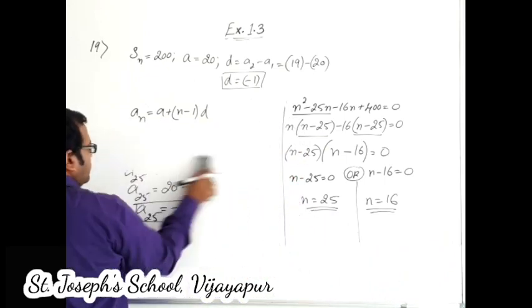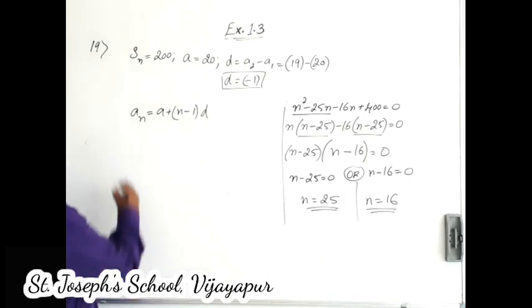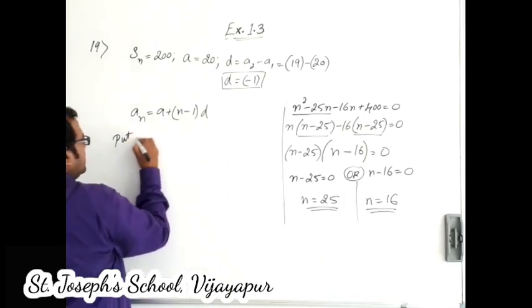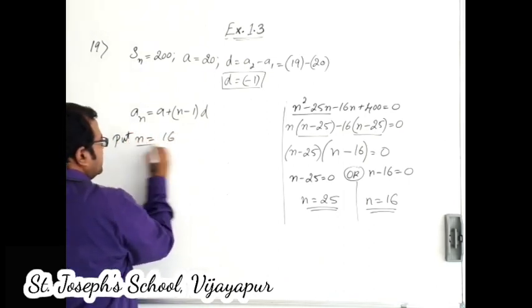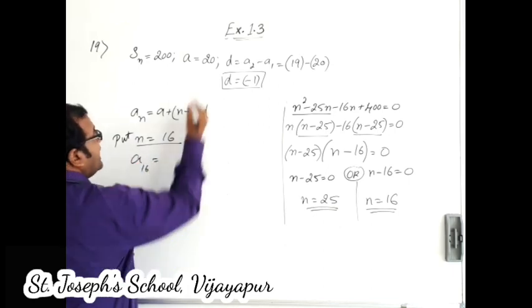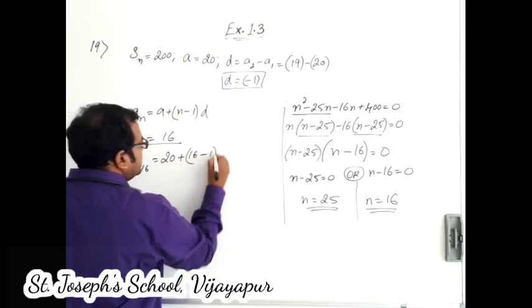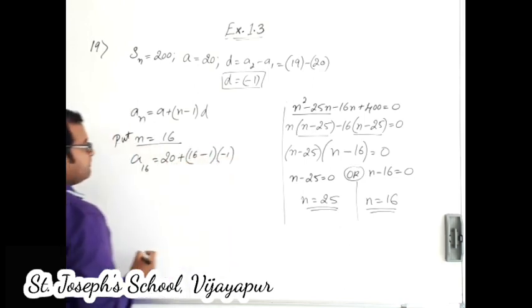So let us try now the other case. What is that? n is equal to 16. Now put n is equal to 16. What happens? a_n becomes a_16 is equal to a, which is 20, plus 16 minus 1 into d, which is minus 1.